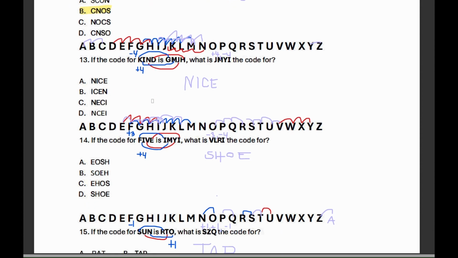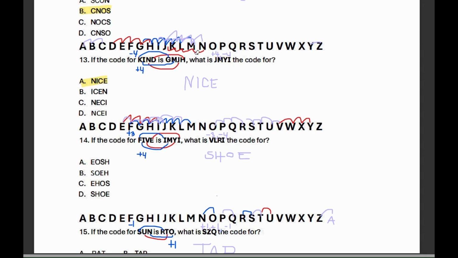Number 13. Codes. If kind, KIND, is to GMJH, JMYI is the code for what word? Your options are A, NICE, B, ICEN, C, NECI, D, NCEI.